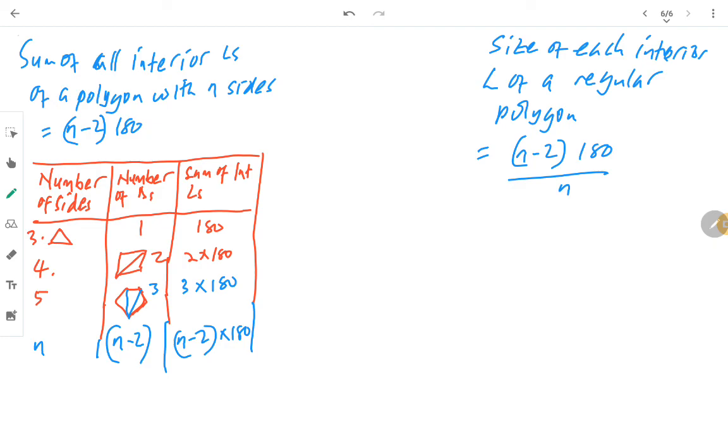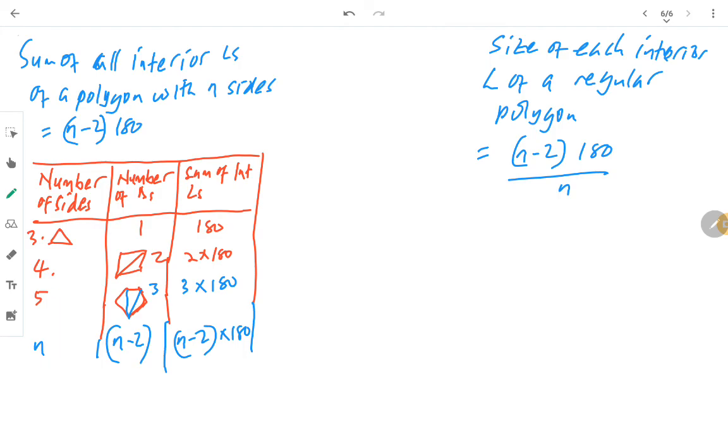Then if it's a four-sided shape, we say 360 divided by 4, which gives us 90 degrees, going on like that. So if it's a regular polygon, it's n minus 2 times 180 over n. Remember that the sum of the interior angles of a polygon does not matter whether it's regular or not regular. But if I want to get the size of each interior angle, but only of a regular polygon, that's why I divide by n.